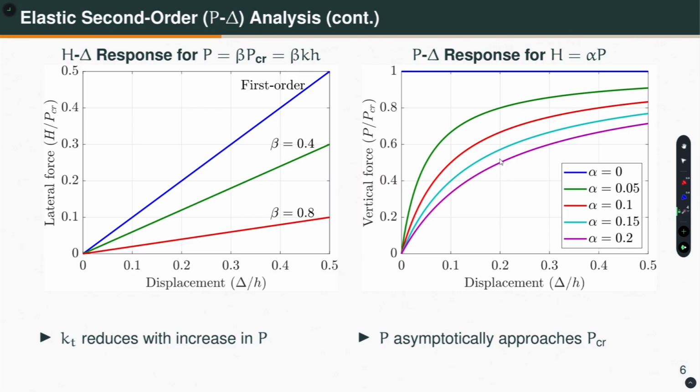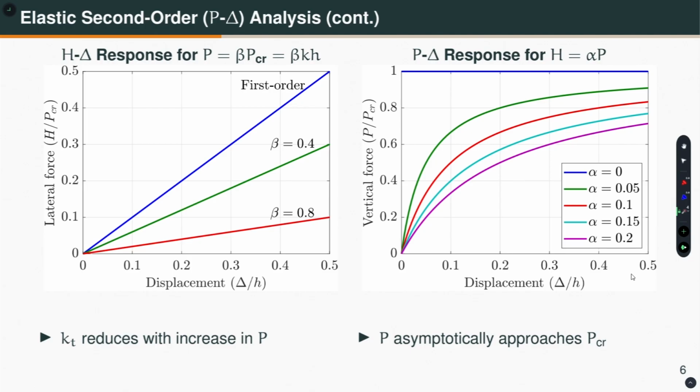This analysis is not valid in this range, although I am showing it. Can you think why it is not valid? Because if you look at my horizontal axis displacement delta by h, I am going up to 0.5. That means, the horizontal displacement is 50% of the height of the column, which is a large displacement.